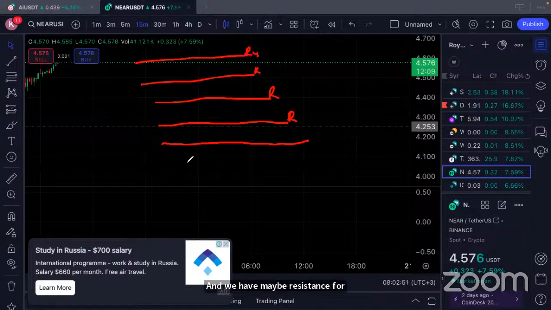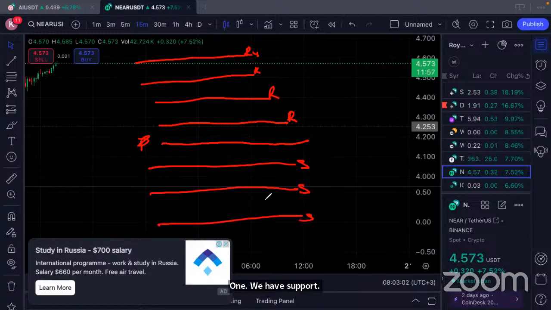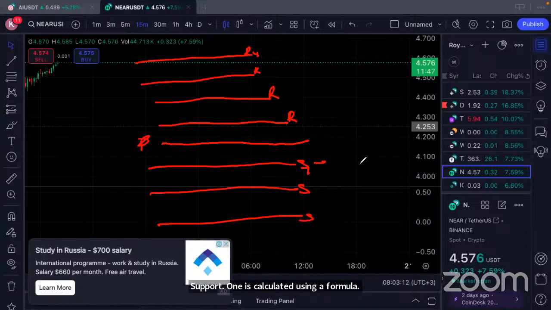Then from the pivot below, we have support 1, support 2, support 3. Now, how is support 1 calculated? Support 1 is calculated using a formula which is 2 times pivot point minus the high.